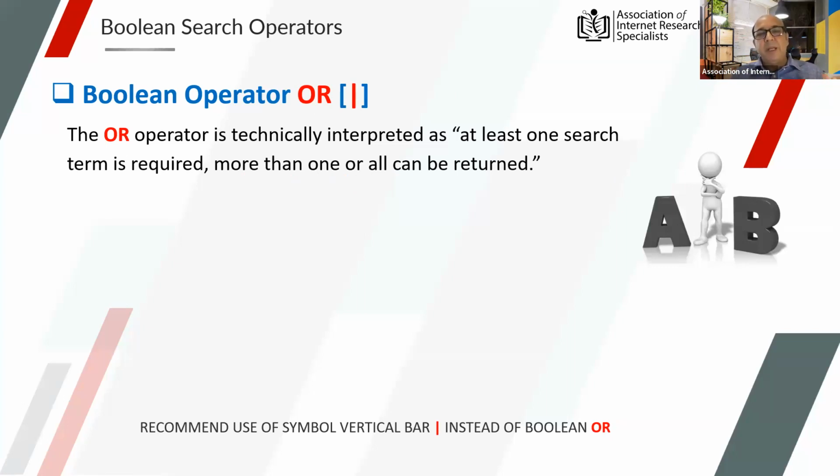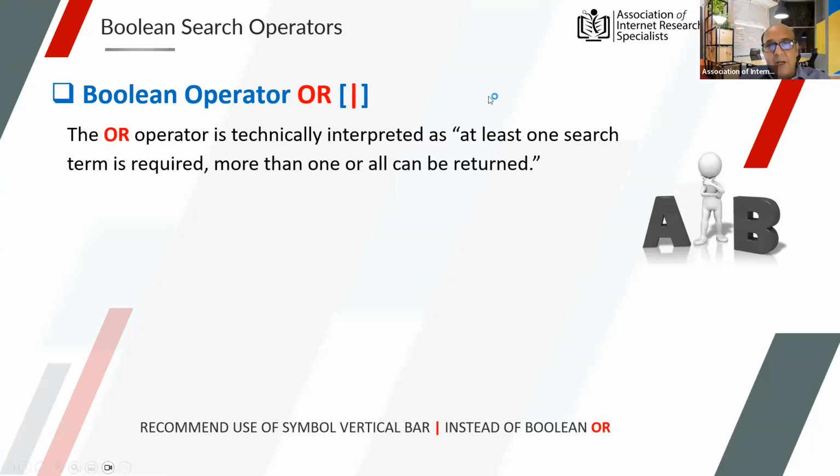So if it is three options, then it can find two out of the three. Or all can be returned means find all of them. So don't think more than one means only two in comparison; it could be more than two.